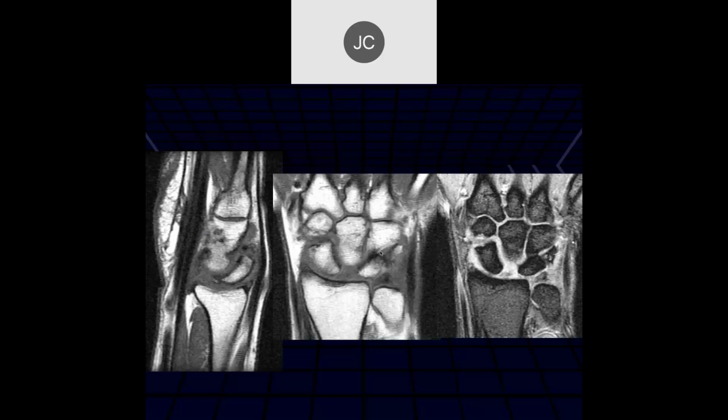Okay, so here we see on the sagittal, we see a VC deformity. Widening there, the scapholunate interval, early SLAC changes maybe. Yeah.